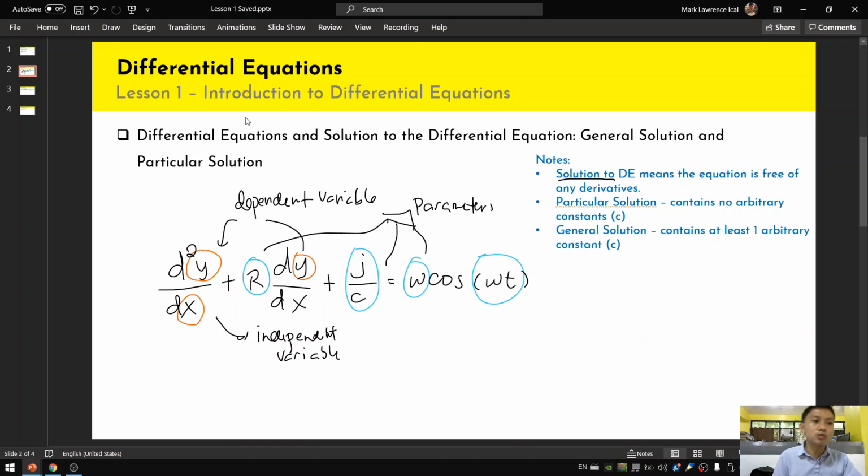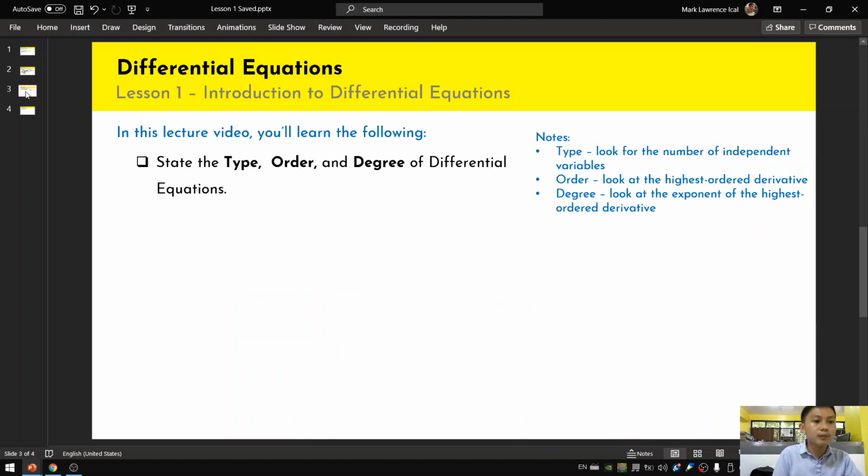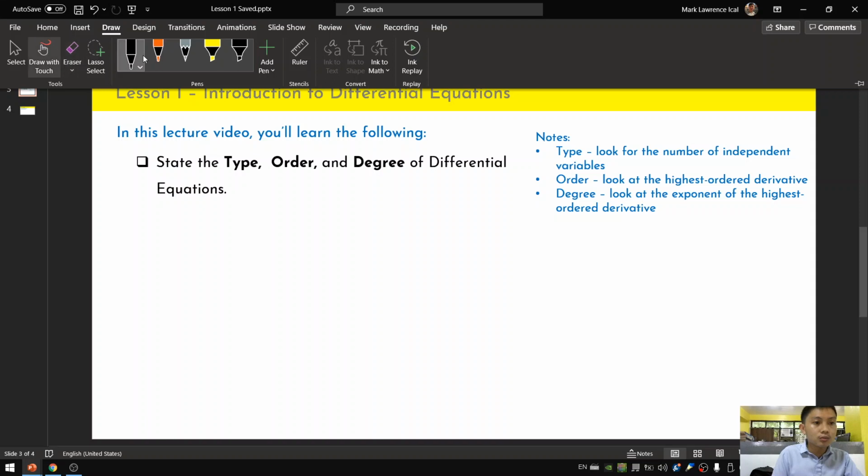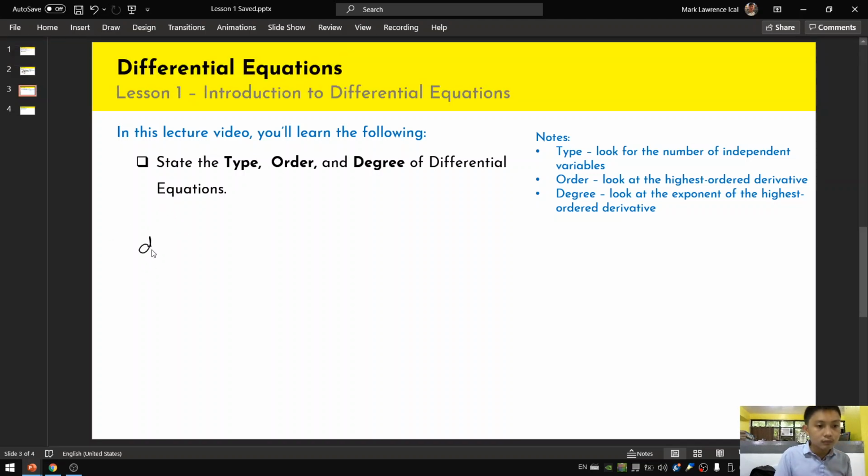So what are the examples? So let's give an example. So we're going to determine what kind of DE it is according to type, order, and degree. So let's try. For example, number 1, dy over dx is equal to sine x.